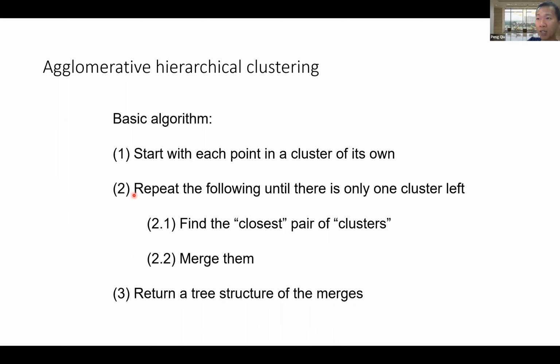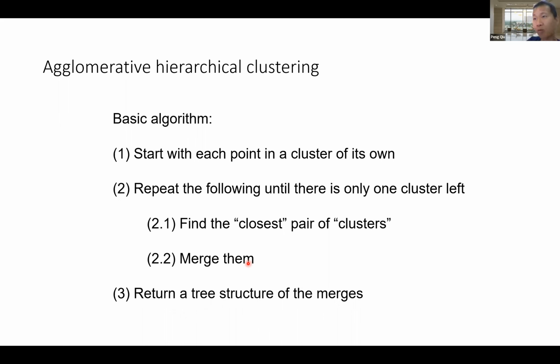Then we repeat the following: among all the clusters, we find the closest pair of clusters, and then we merge them. If we have 100 patients to start with, we look at their pairwise similarity, find the 2 that are most similar to each other, and merge them into one cluster. So now we have 99 clusters. One cluster has 2 patients, and the remaining 98 are singleton clusters, each with only 1 patient.